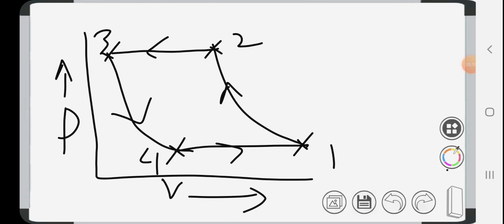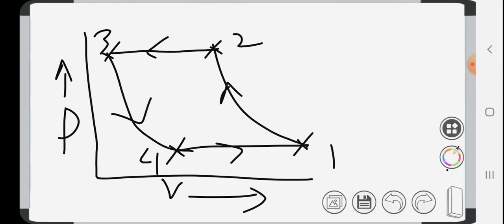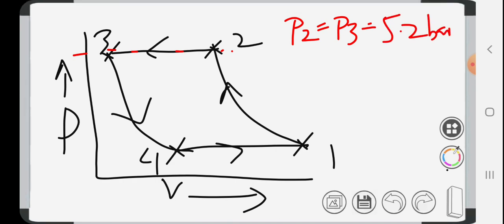In the given question, we have certain values already given. It is given that P2 is the maximum pressure. So P2 equal to P3 equal to how much? 5.2 bar, right?